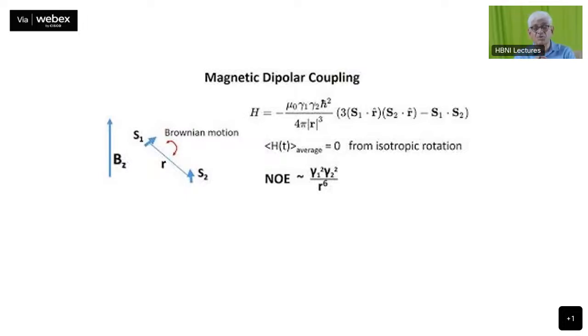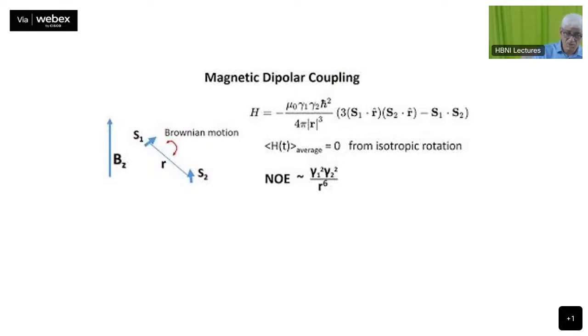However, it does contribute to the relaxation phenomena, as we discussed in previous classes. It also contributes to the NOE. And the NOE is, as I said before, inversely proportional to the 6th power of the distance between the two, and it is also proportional to the product of the two gyromagnetic ratios.